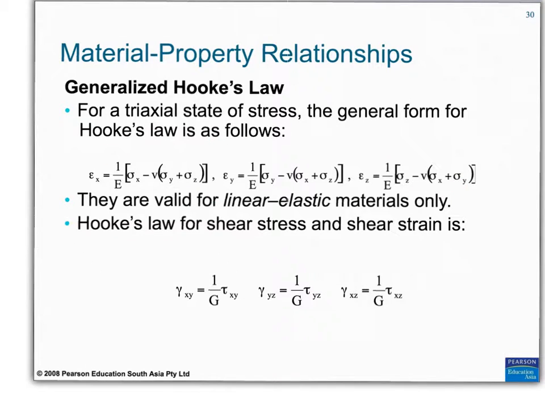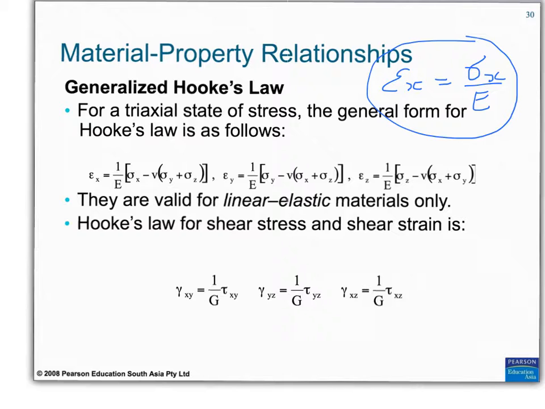We need to note at this point not to simply use strain in the X equals stress X over the Young's modulus. That form of the equation for Hooke's law is only valid if the stress state is uniaxial. So be careful that you don't just use this anywhere. It must be a uniaxial state of stress for that equation to be valid.